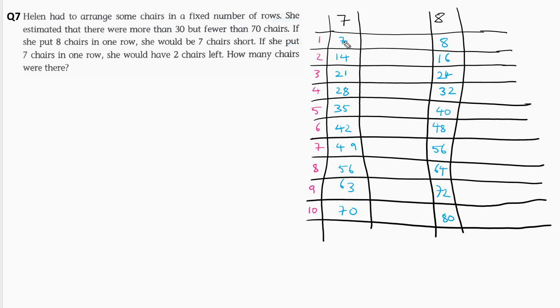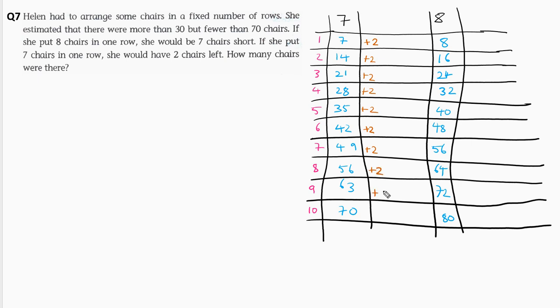So if there was one row of 7, I would also have, let's use a different color, an additional 2 chairs. If there were 2 rows of 7, that would be 14 chairs, and I would have these 2 chairs left. So add 2, add 2, add 2. So if this happens to be the number of rows, I would have this number, add 2.